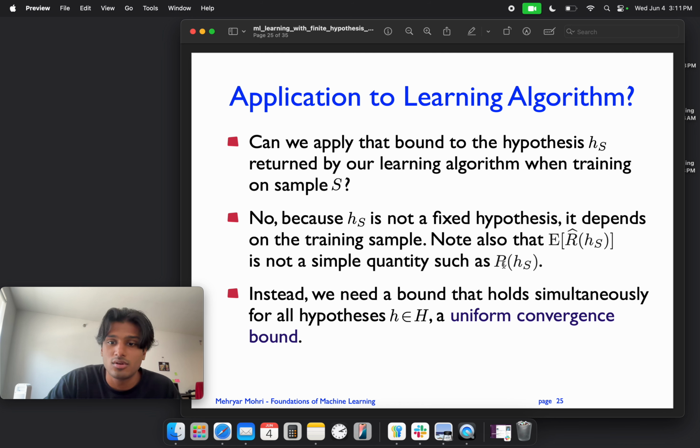If you look at this, the expected value of the empirical risk on this particular set is not a simple quantity because it also depends on the sample S. So we need a bound which holds uniformly over the entire hypothesis class H, a uniform convergence bound, as it's called. This is easy in this case because we have a finite H. It's a finite number of hypotheses.